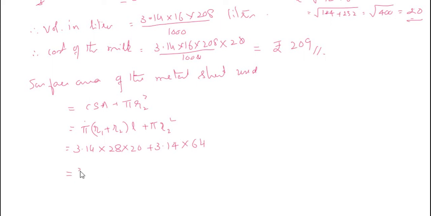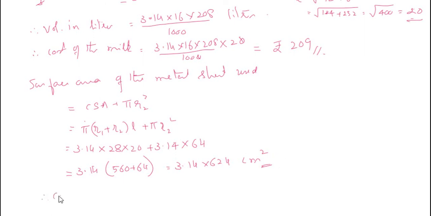If you take 3.14 out, this is 28 into 20, that is 560 plus 64, so that is 3.14 into 624 centimeter square. This is the area of the metal sheet used in preparing this container.